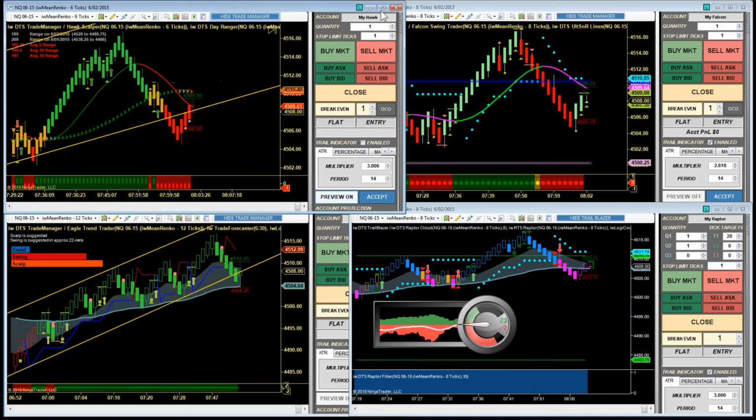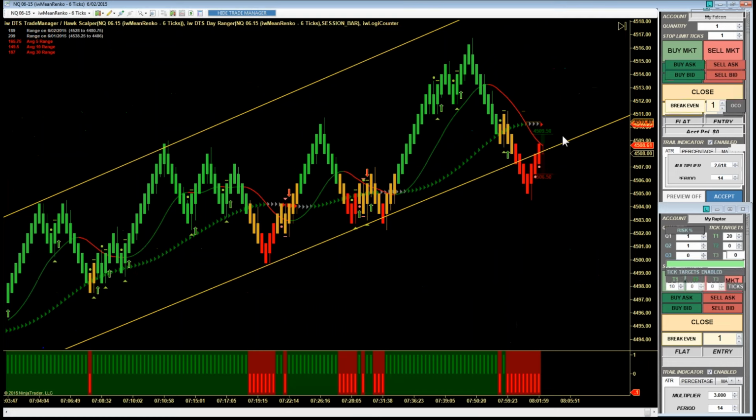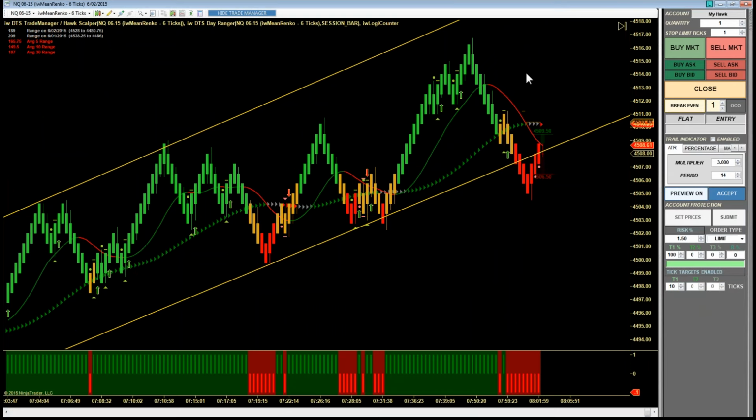All right, first micro macro cross is coming into sync now. It's a little bit early. We don't have that test of the extreme, so it's a little bit problematic knowing where to cover the trade.